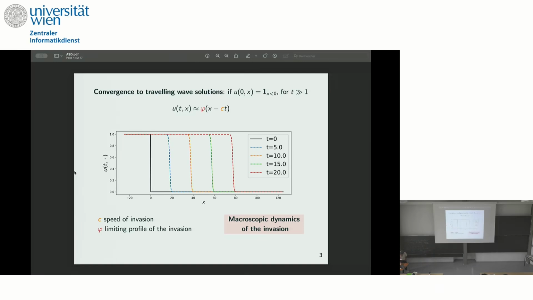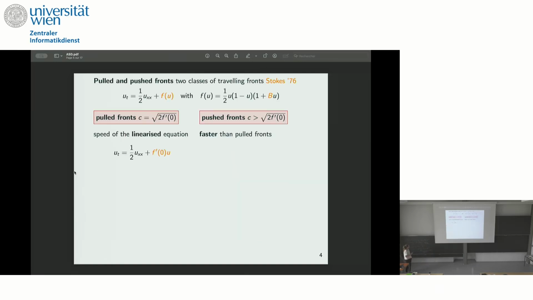And so depending on this speed c, you can distinguish two classes of invasions. If the speed c is the same as in the linearized equation at 0, we say that the invasion is pulled.